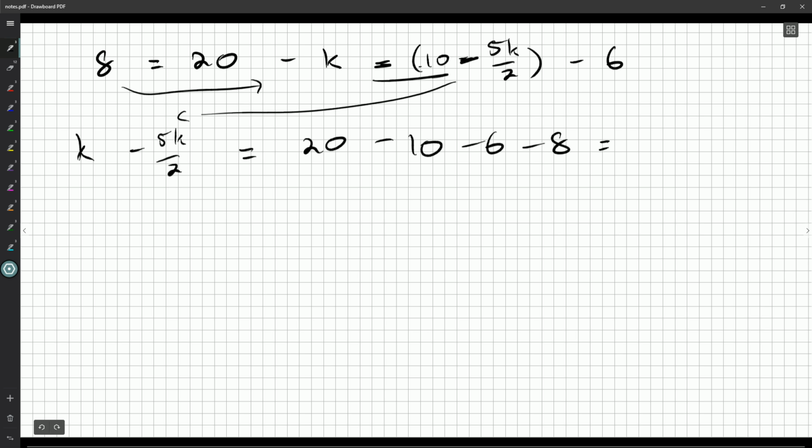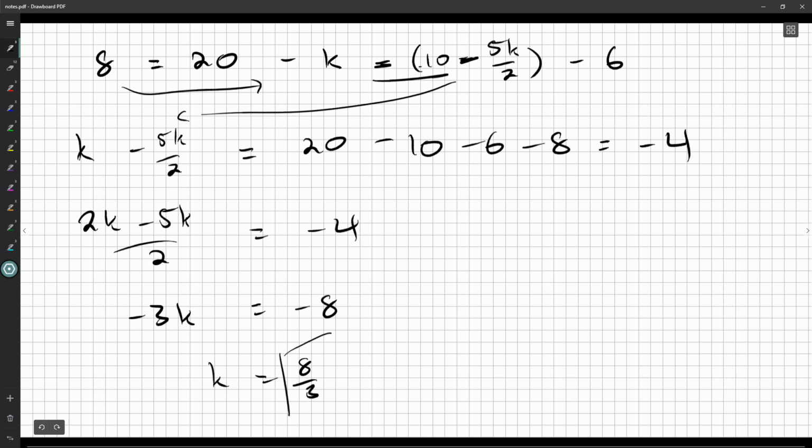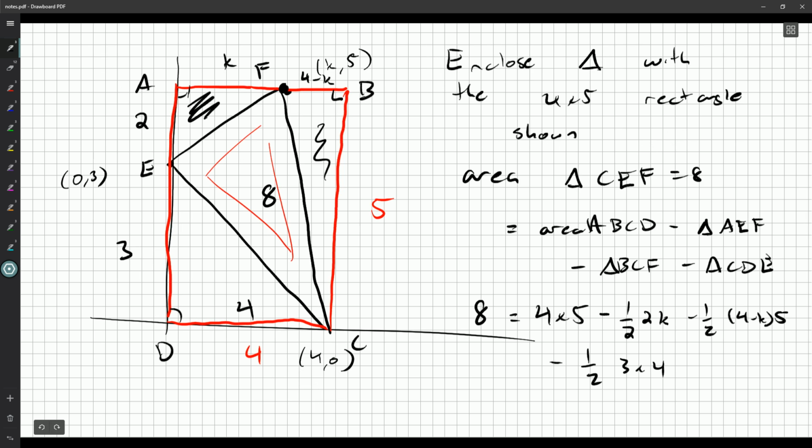So 10 and 14, so we'll get 20 minus 24, so negative 4 should be 2K minus 5K over 2. Multiply both sides by 2 and simplify, so we'll get minus 3K should be minus 8. K should be 8/3.